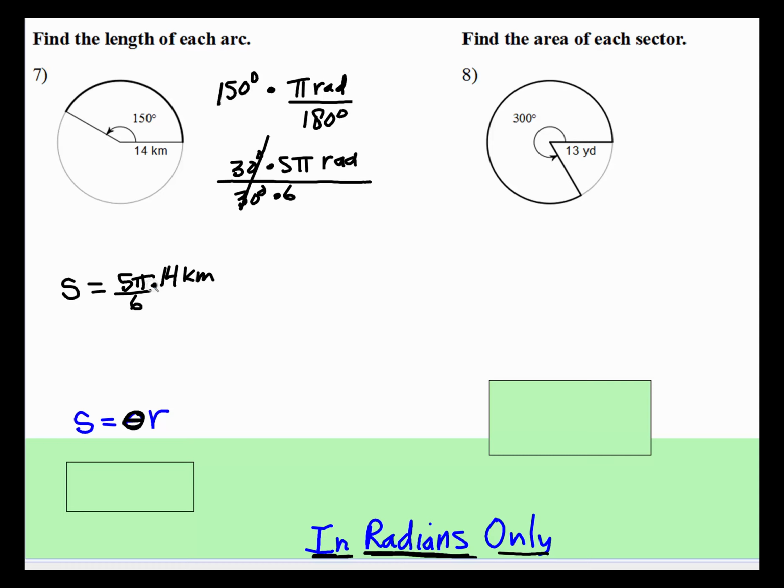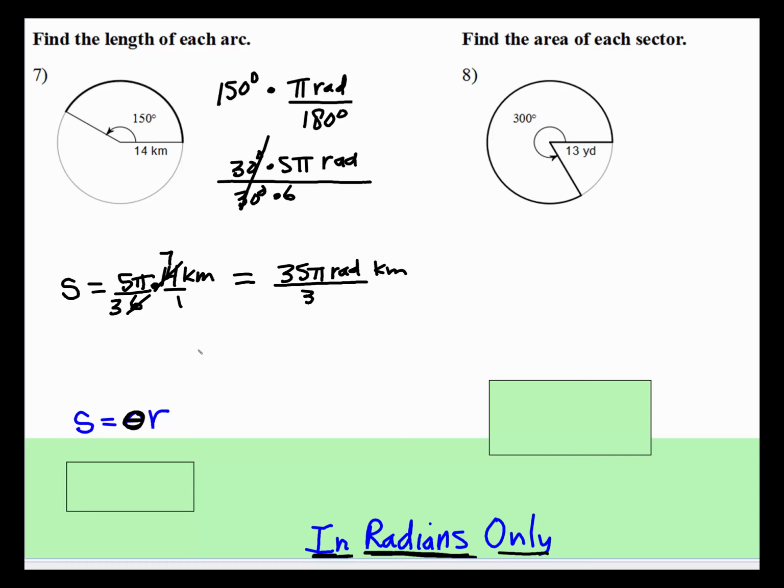Well, before I do that, I know that 6 and 14 have a 2 in common, so I'm going to cancel: 6 divided by 2 is 3, 14 divided by 2 is 7, and then just multiply straight across. So we have 5 times 7 pi is 35 pi radians in kilometers, and the denominator is just 3 times that invisible 1.